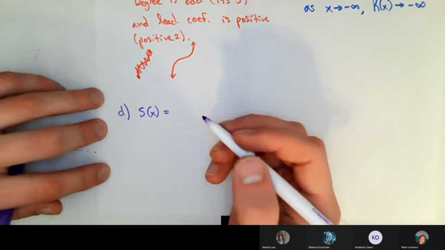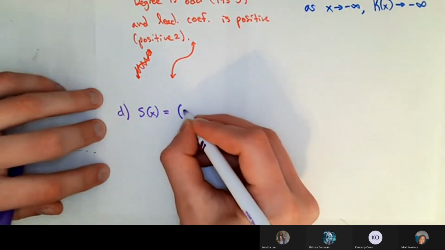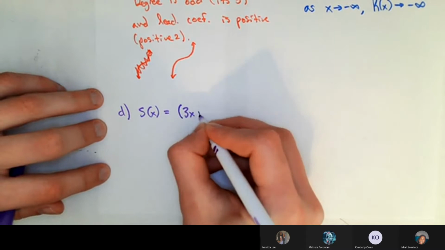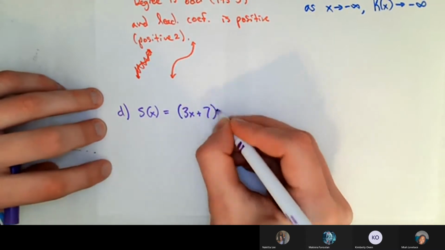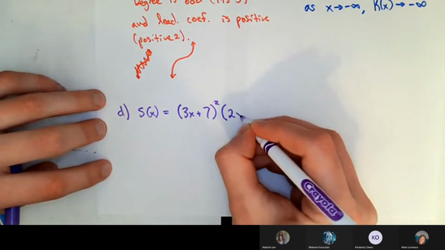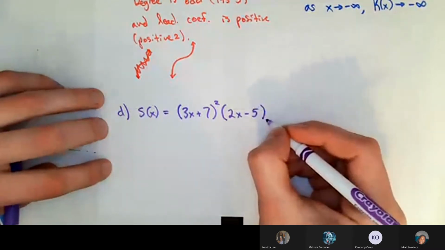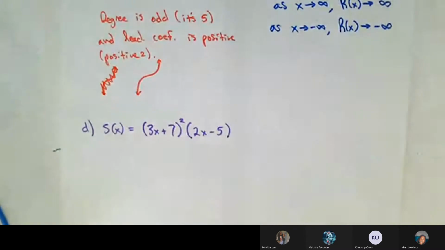Let me say 3x plus 7 squared times 2x minus 5. Yeah, let's do that. Bit more complicated. Oh, you know what?